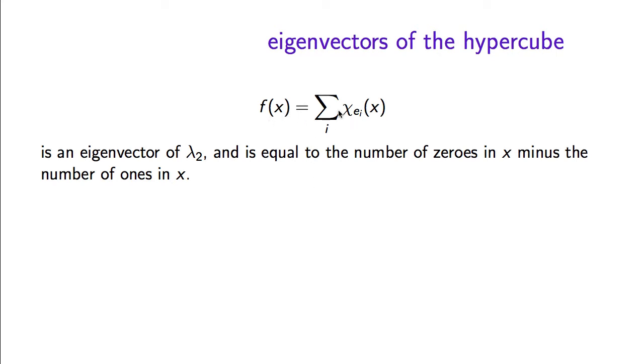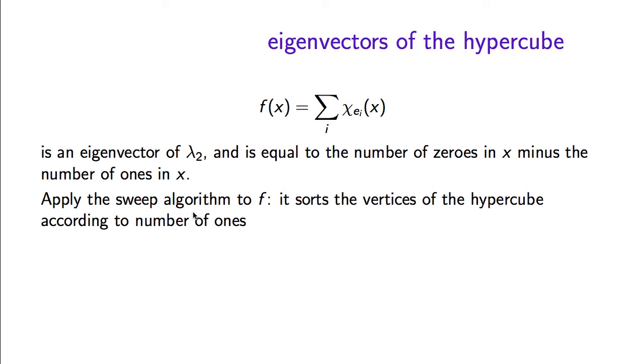Now what is this eigenvector? What value does it associate to every vertex of the hypercube? If we think about it for a minute, f of x will just be the number of zeros in x minus the number of ones in x. So what happens if we apply the sweep algorithm to this eigenvector of lambda 2?